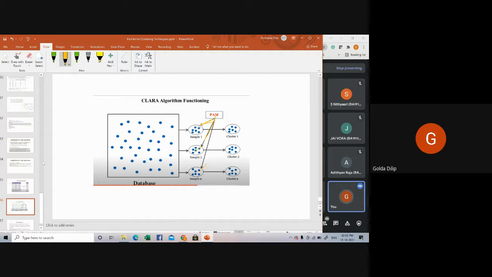It applies partitioning around medoids, and as a result, using the technique, you get the clusters. Got it. So this is how the CLARA algorithm, clustering large applications, functions.